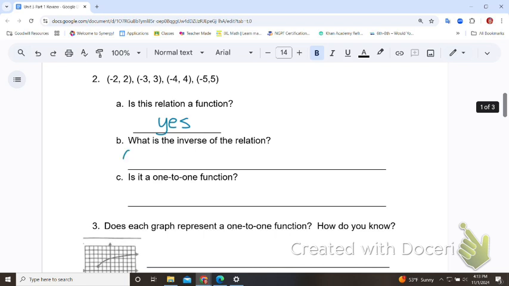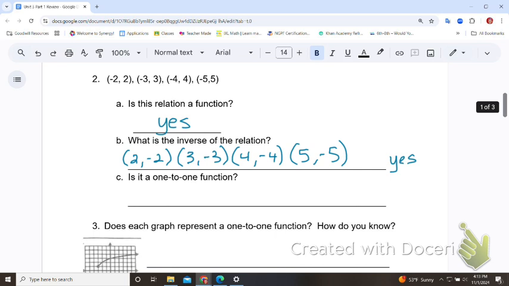The inverse, so now I'm going to switch my x's and y's. So the original is a function. Is my inverse a function? Yes. You don't need that for part B, but you need it to answer C.